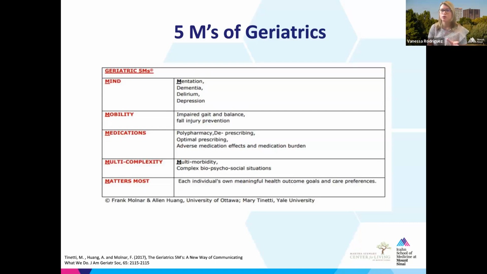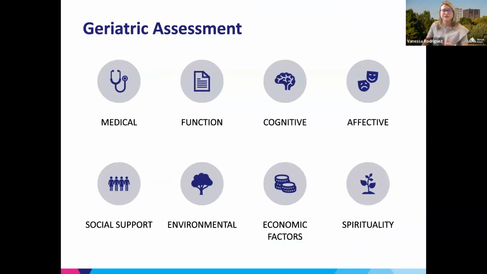None of this work will be relevant if we don't really emphasize meaningful health outcomes, focusing on the goals and care preferences of our patients. These are the different domains, and throughout my presentation, I'm going to cover these elements and particularly talk about different tools that we can think of using.